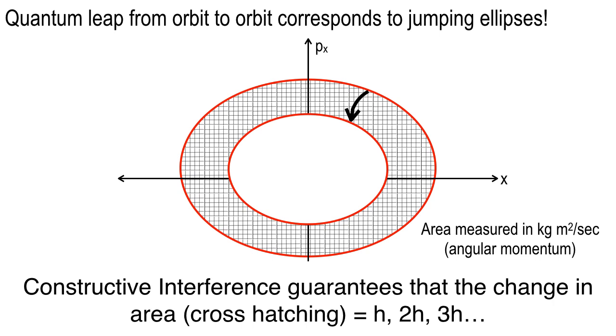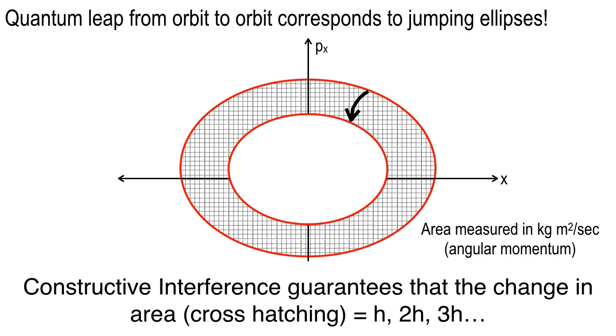If you do that, you'll always have constructive interference and a quantum state, an acceptable energy level. That's for any oscillating quantum system. This is very basic, but it's a very simple way of looking at quantum systems.